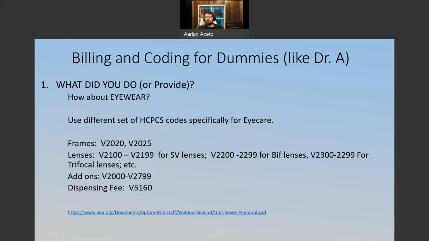Well, there's a whole series of V codes or HCPCS codes. V2100 to V2199 are all the various codes for single vision lenses.